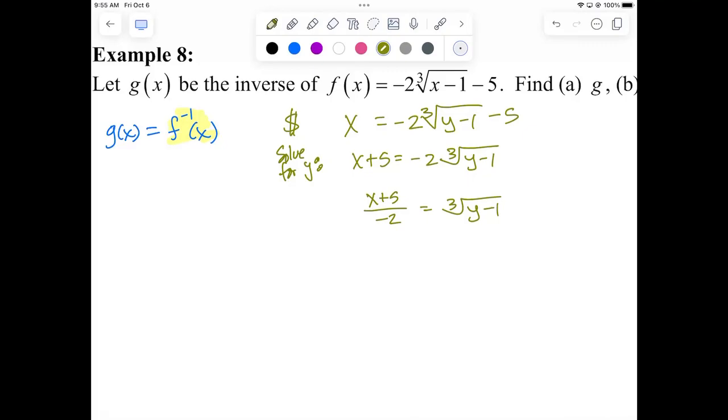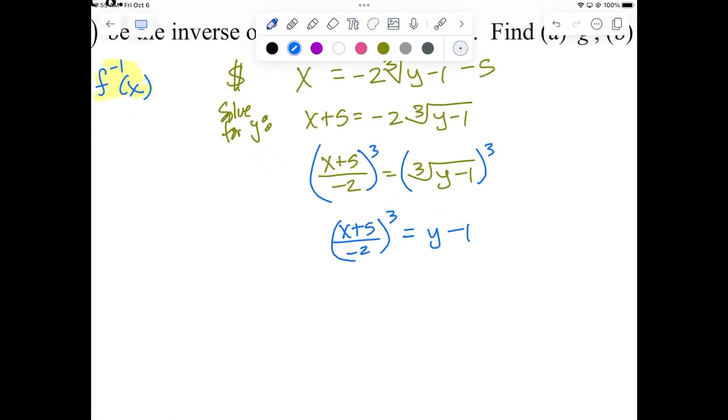How do I uncube root something? Cube it. I'll actually show that step here because we don't see that often. Parentheses around both sides and we cube it. And now we get (x plus 5) all over negative 2, quantity cubed, equaling y minus 1. And now the last step is to add 1 to both sides. Then I'll flip it around and I get y equals ((x plus 5) over negative 2) cubed plus 1.